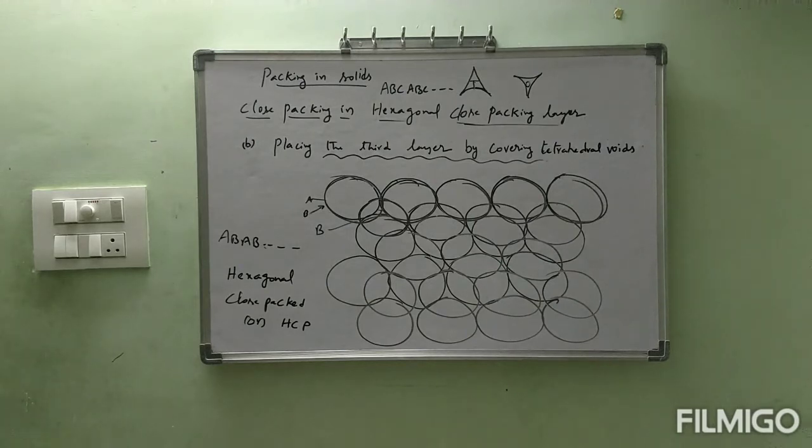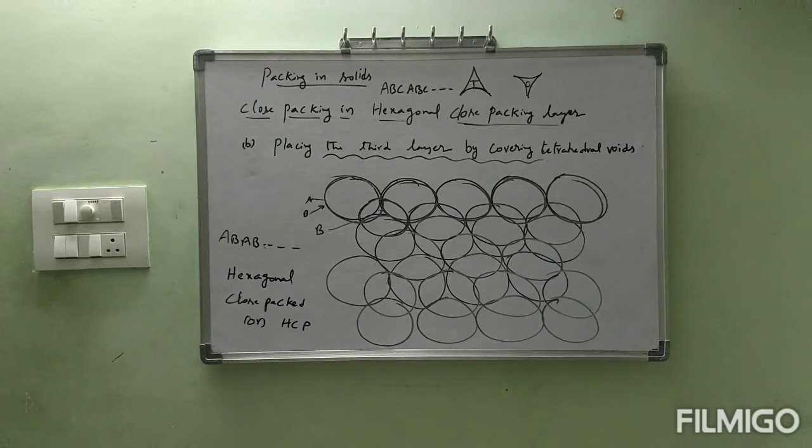Here the coordination number is the point where we concentrate on how many particles a particle is in touch with. By this, the packing of particles in solids is completed.